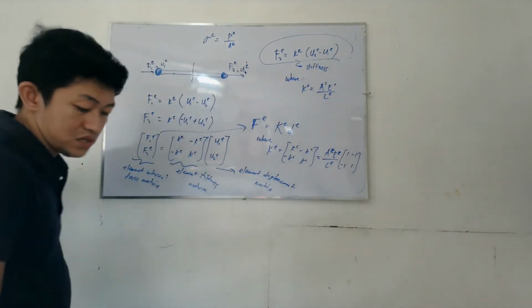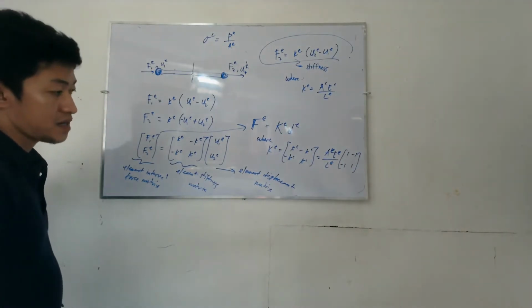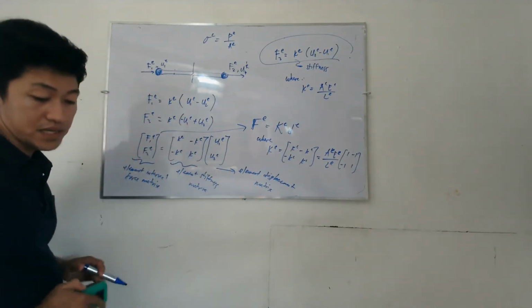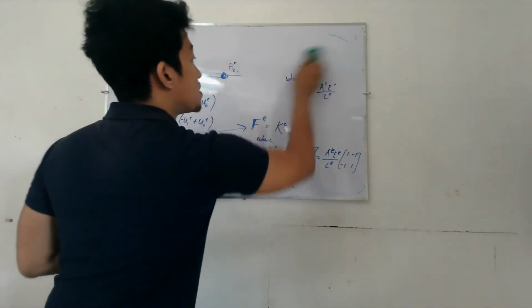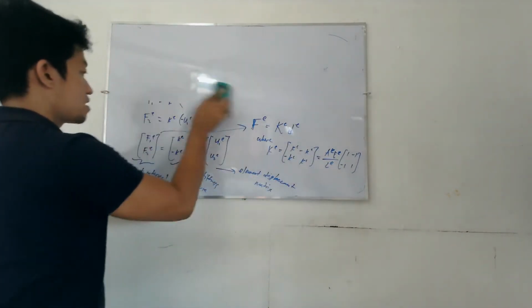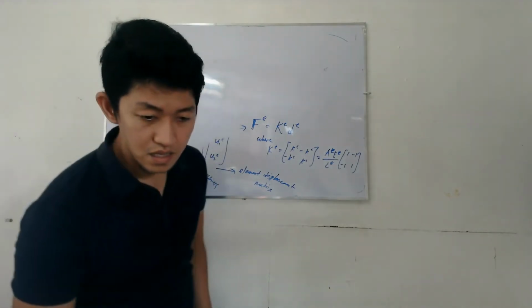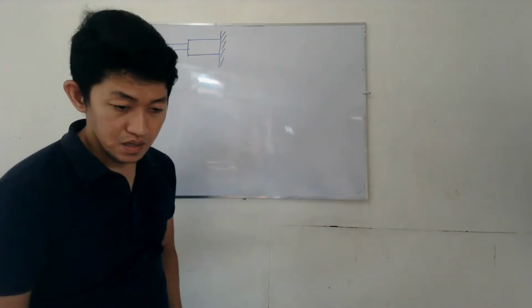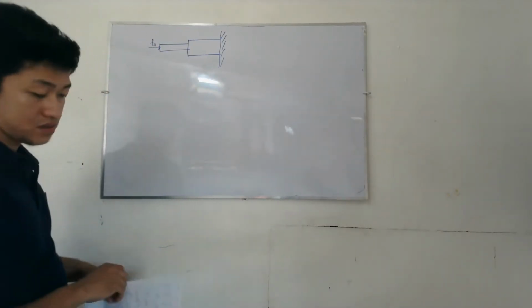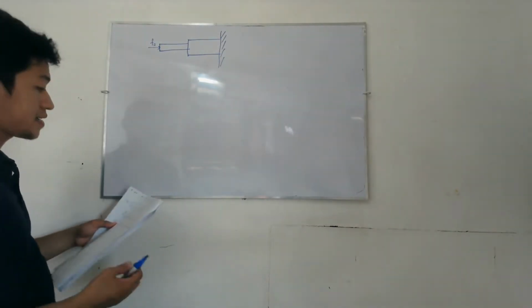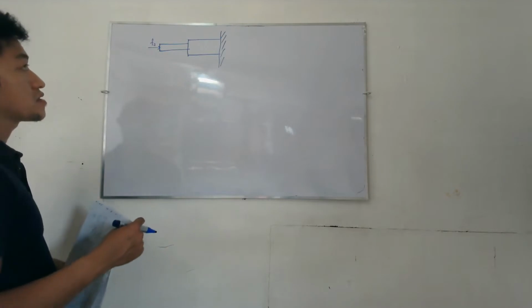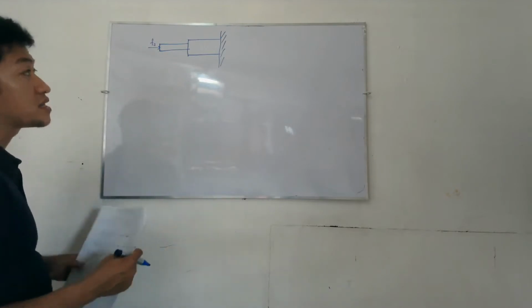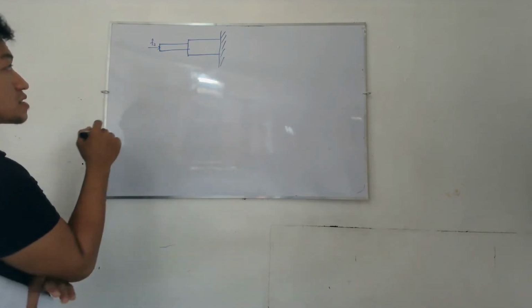Now let's proceed if there are two elements inside. Okay, so we have this example, and this problem we can model into two elements, no?